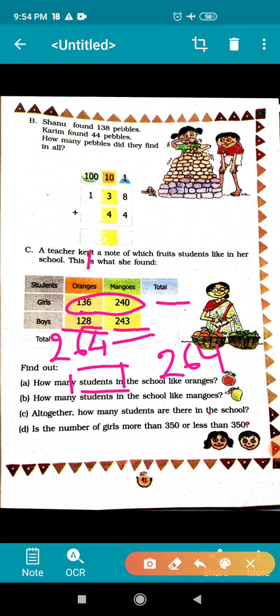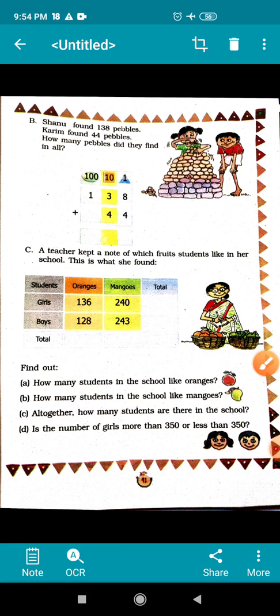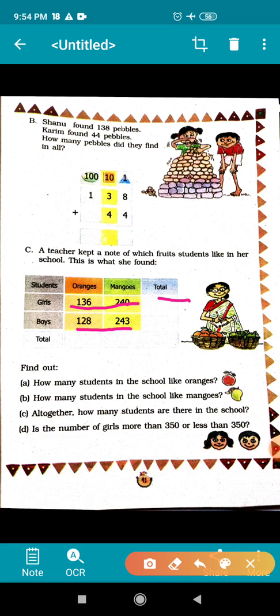If you add these two numbers, you will get the number of boys. So when you add these two numbers, you will get the total number of students. Children, do this sum also by yourself. I have explained to you. Now you have to do it on your own.